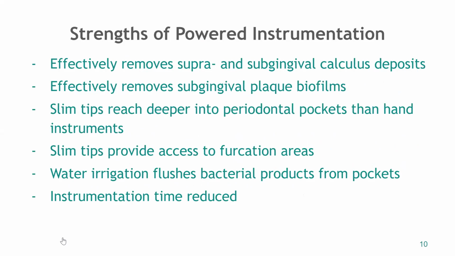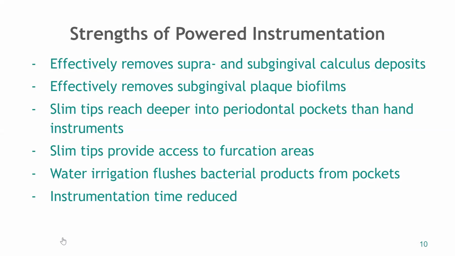So the strengths of powered instrumentation, like I talked about: it effectively removes supra and subgingival calculus deposits, and effectively removes subgingival plaque biofilms. The slim tips can reach deeper into periodontal pockets than hand instruments can. Basically you can get better adaptation, especially in furcation areas, to be able to do a working stroke, because this is always active, whereas with hand instrumentation you're kind of limited.